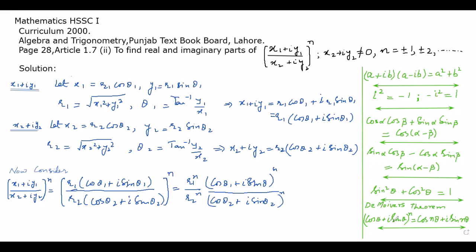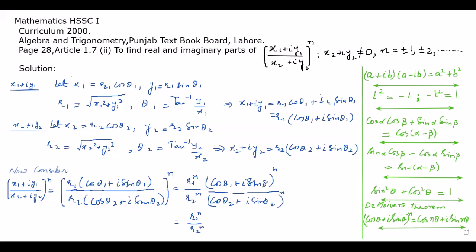De Moivre's theorem will bring this n over here. Just like that, (cos θ + i sin θ)^n is cos nθ + i sin nθ. So I'm going to get r1^n and r2^n, which remain the same.